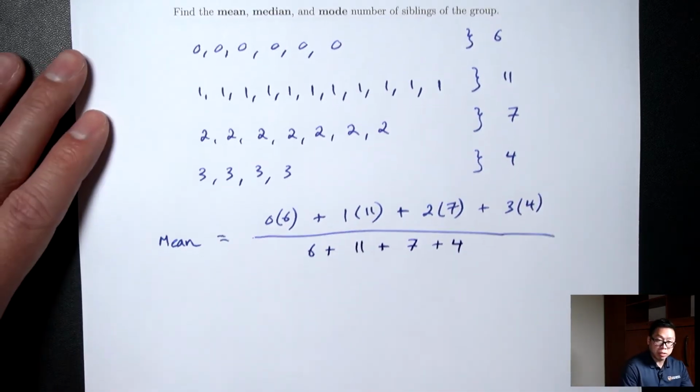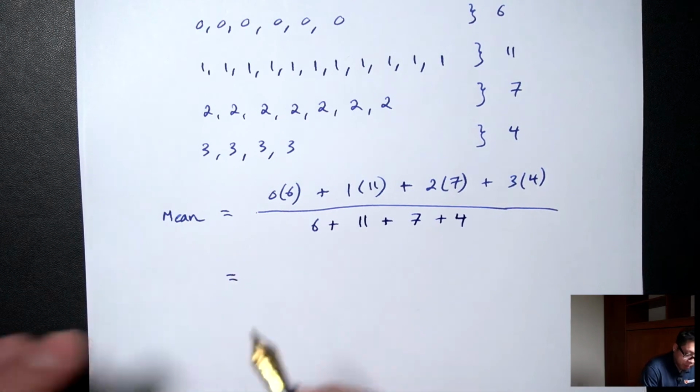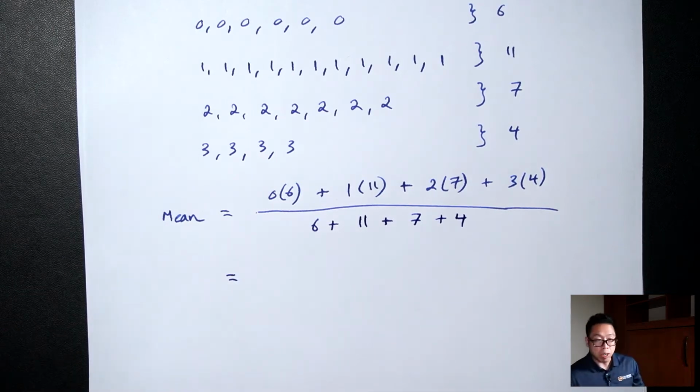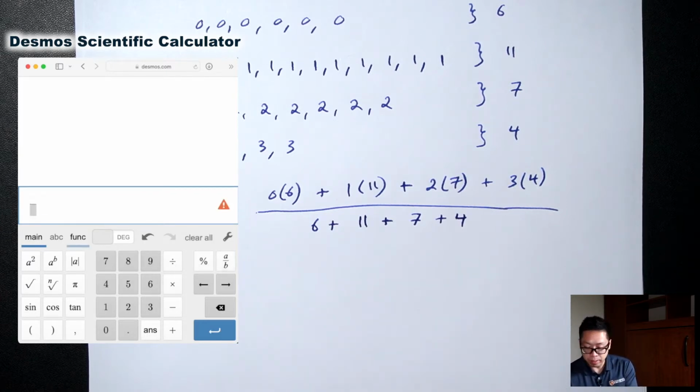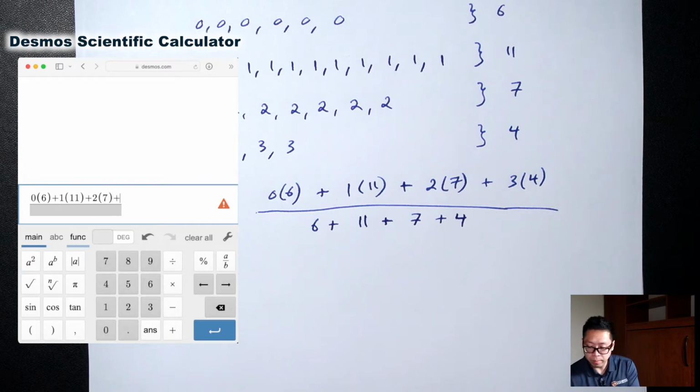And now let's enter this into a calculator. I recommend using the Desmos Scientific Calculator and just enter it exactly like you see it here. Fraction up top, 0 times 6 plus 1 times 11 plus 2 times 7 plus 3 times 4.